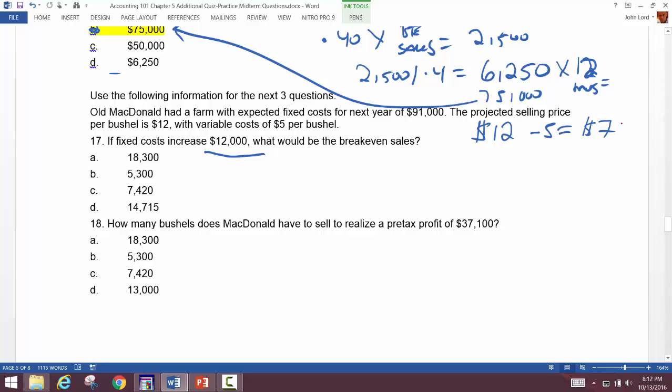Okay. Now what do you want me to do? Well, the fixed cost they told me is 91,000, didn't they? But they want me to tell them what happens if it increases 12,000. So don't I have to increase it 12,000? So I take the 91,000 plus the 12,000.